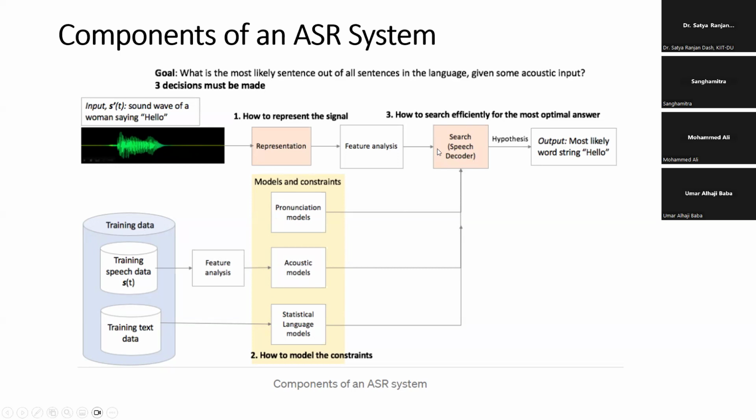The job of the decoder will be to search efficiently for the most optimal sequence of words. The speech decoder will use information from the pronunciation model, the acoustic model, and the language model, all of which will be trained from the speech data and text data which we will be using for training.